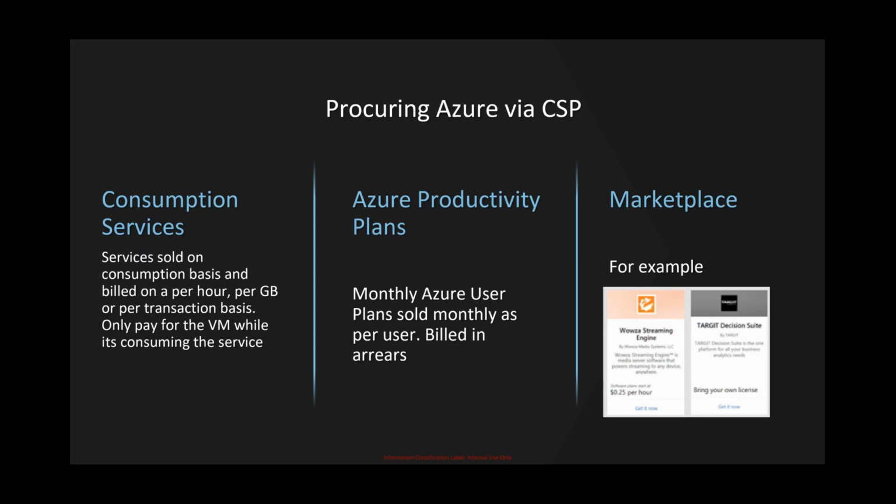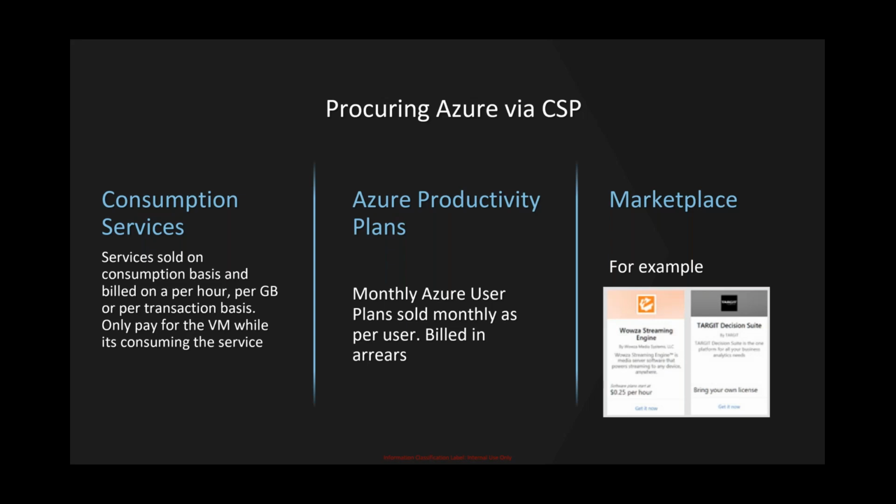You've also got the Azure productivity plans. I call them the productivity plans, so you may know them as something else, might not be completely on brand there, but these are basically the monthly Azure user plans. So Azure Active Directory Premium Plan 1, Plan 2 for your multi-factor authentication, for your conditional access. I call it the productivity plans because it aligns more to the Office 365 style of licensing.